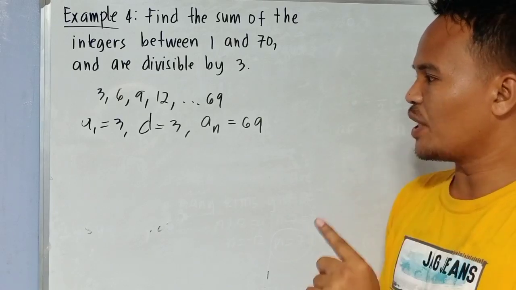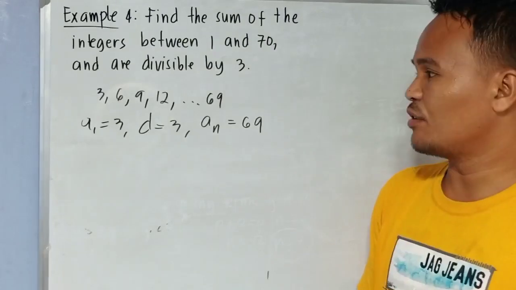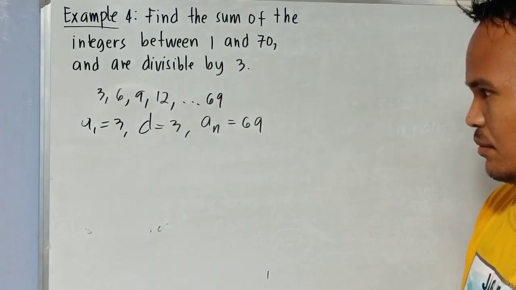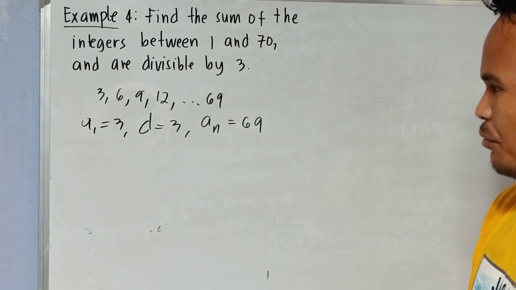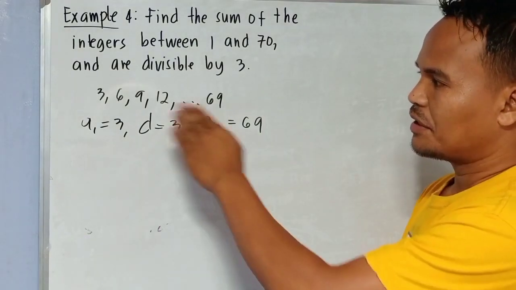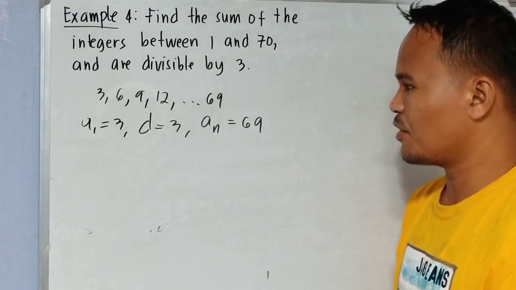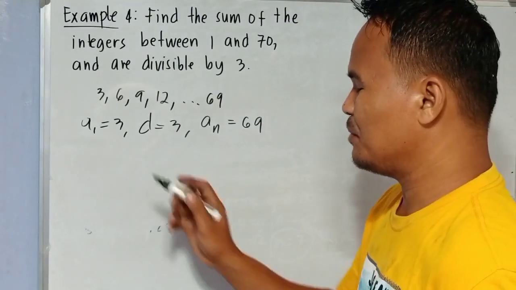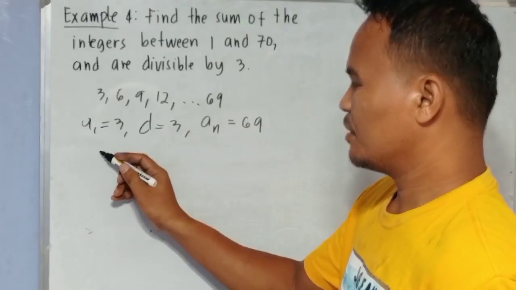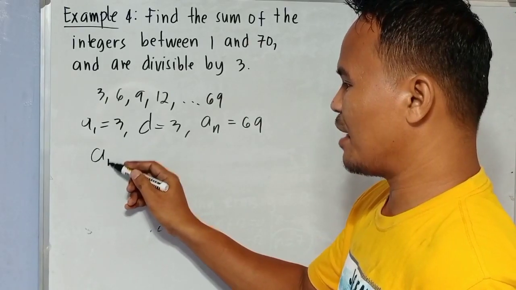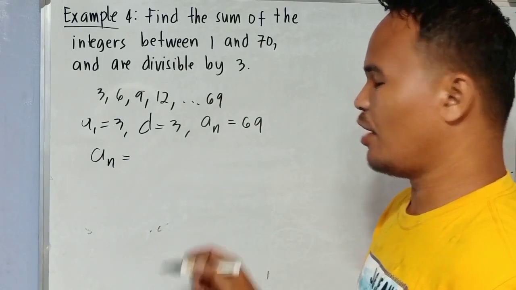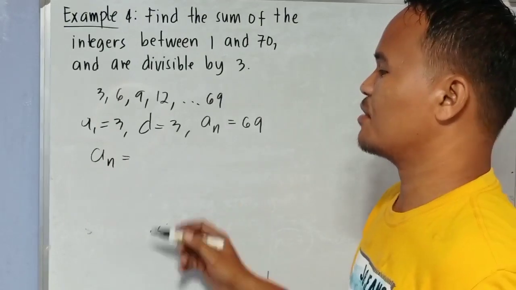So first, we are going to find the number of terms because we cannot solve this problem without the number of terms. So by using the nth term of the arithmetic sequence in solving for the number of terms, n.